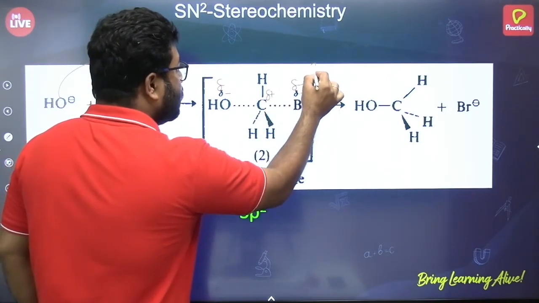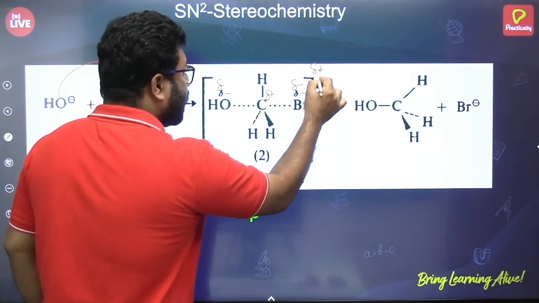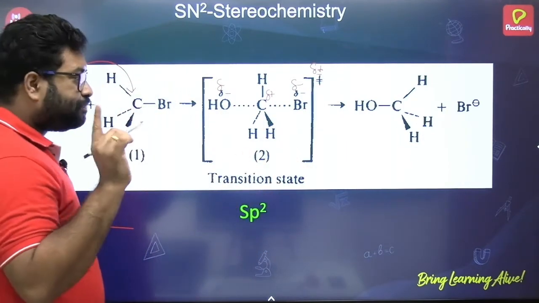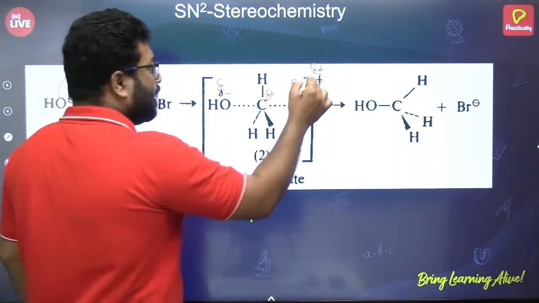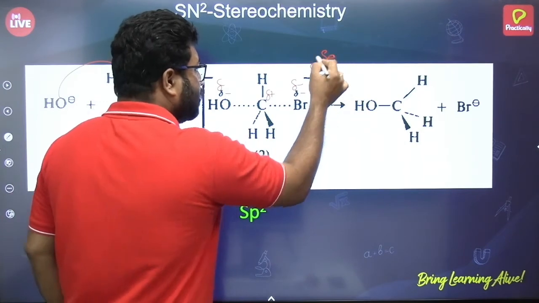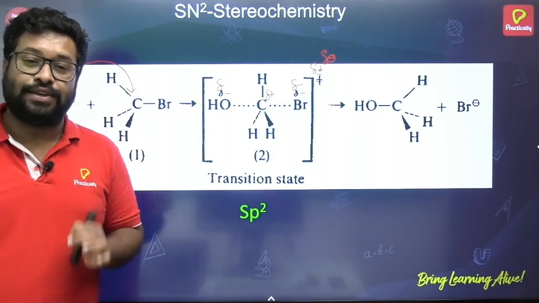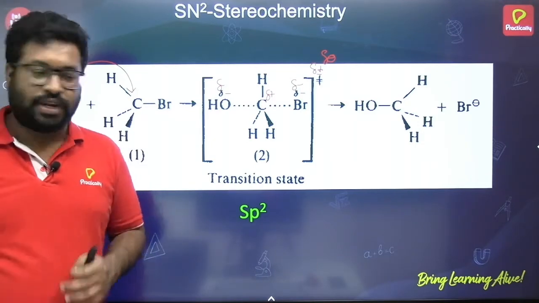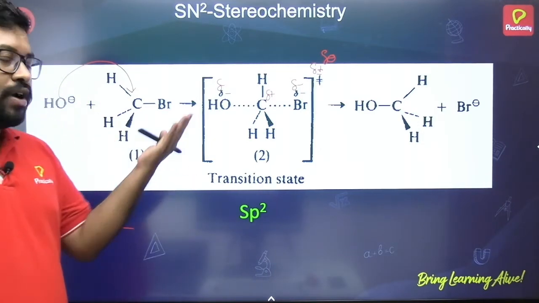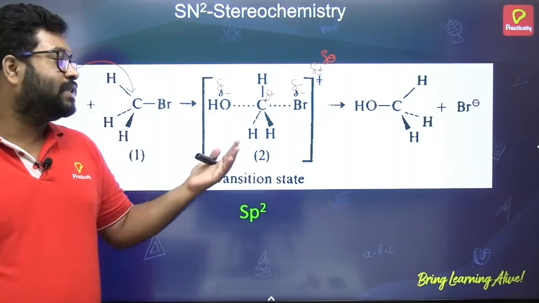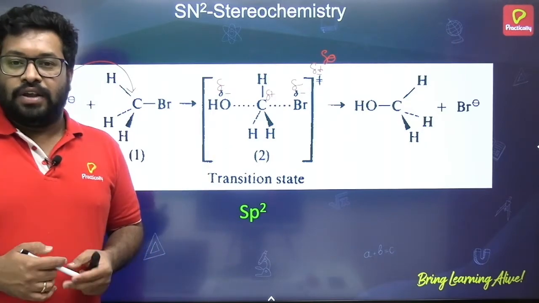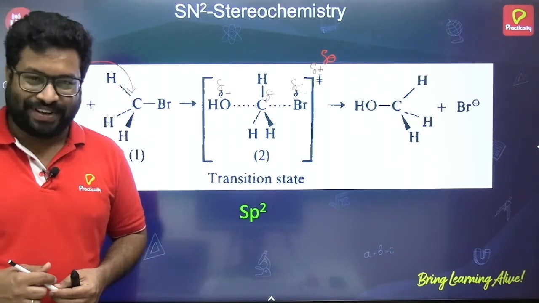To be precise, you have a negative charge here. Or you can say the transition state is charged for an SN2 reaction. And lastly, you have already seen how the stereochemistry plays its role to show the inversion of configuration.